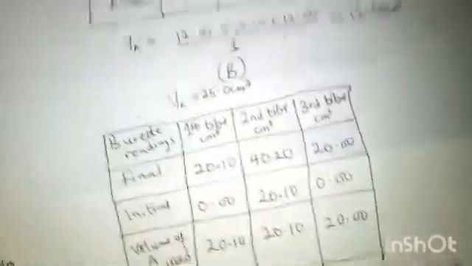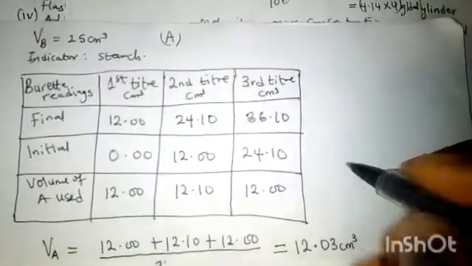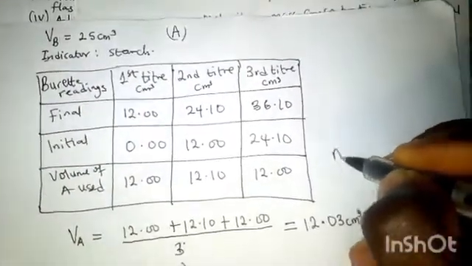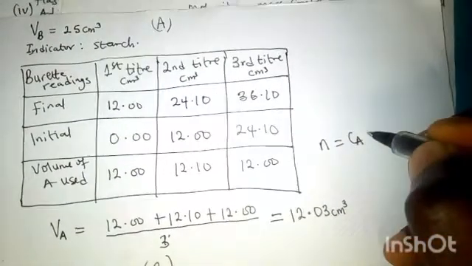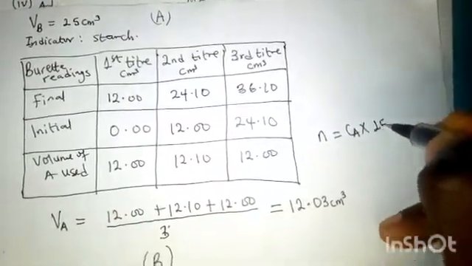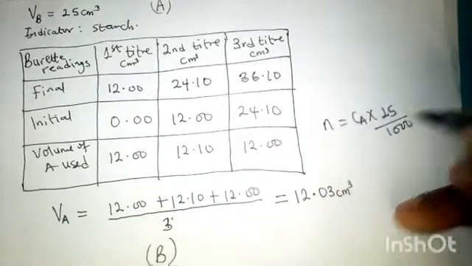To get the number of moles in each reaction, the number of moles here is going to be the concentration of KMnO4 times 25 over 1000.